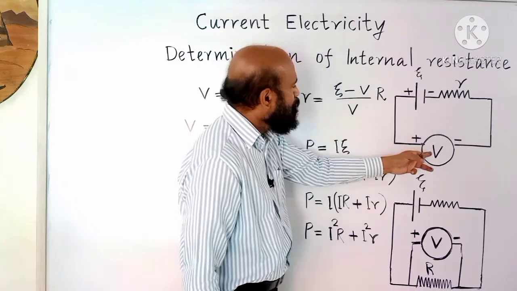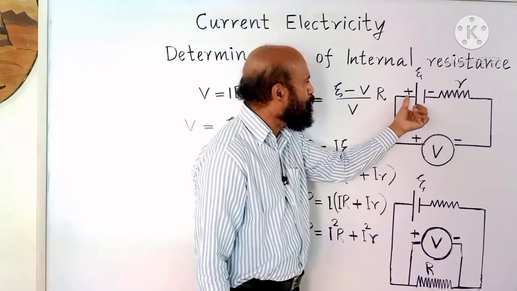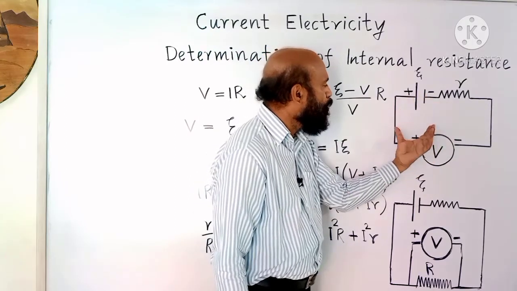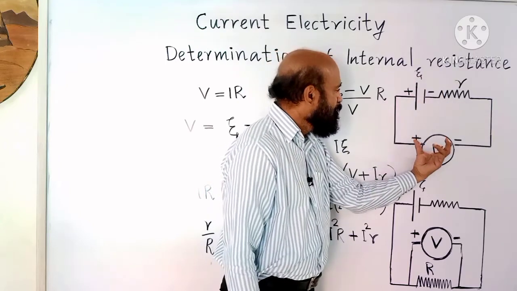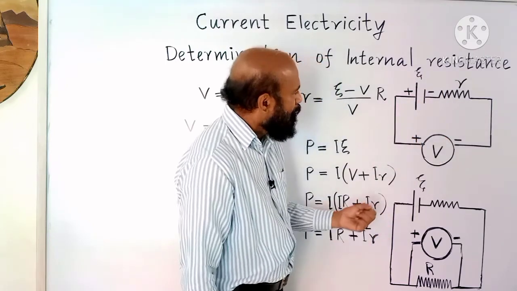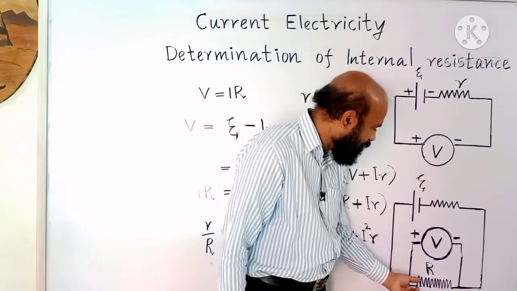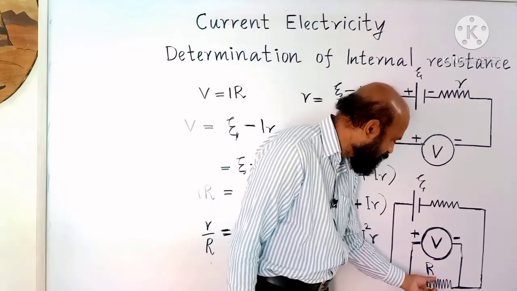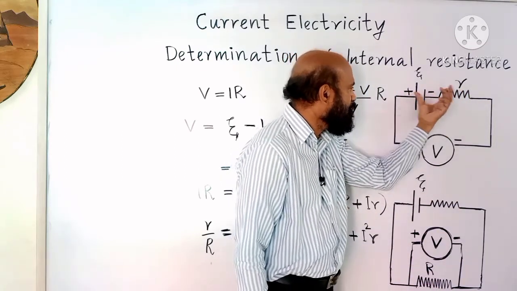The potential difference between the two terminals of the cell in the open condition is known as the EMF of the cell. Now, the same cell is connected across an external resistance capital R. The small r is the internal resistance of this cell.